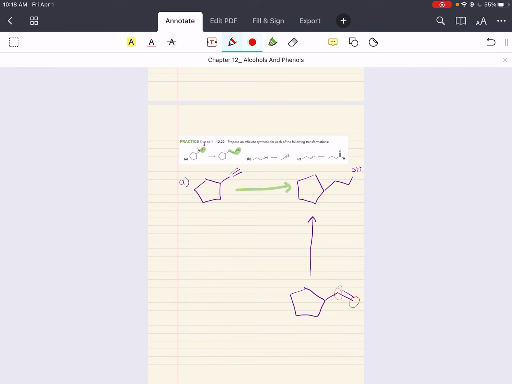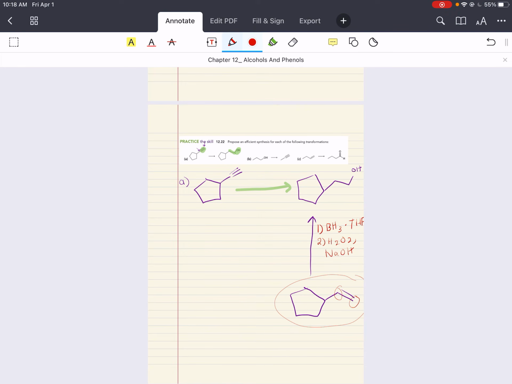So if only we were lucky to have a double bond here, we know how to treat a double bond to get a primary alcohol. Easy. Hydroboration oxidation. And the reagents you would need are BH3 and THF along with peroxides and sodium hydroxide. This could take our double bond into that primary alcohol, but we don't have a double bond.